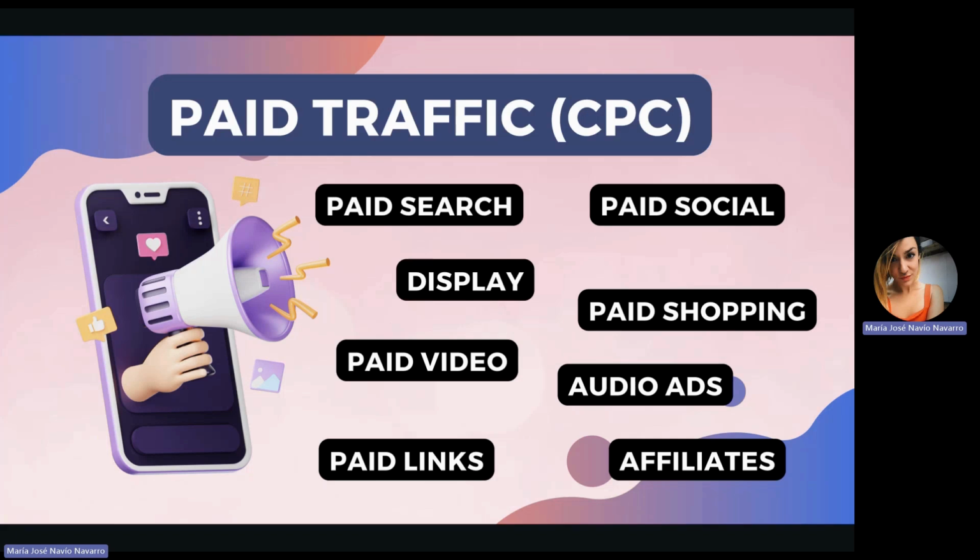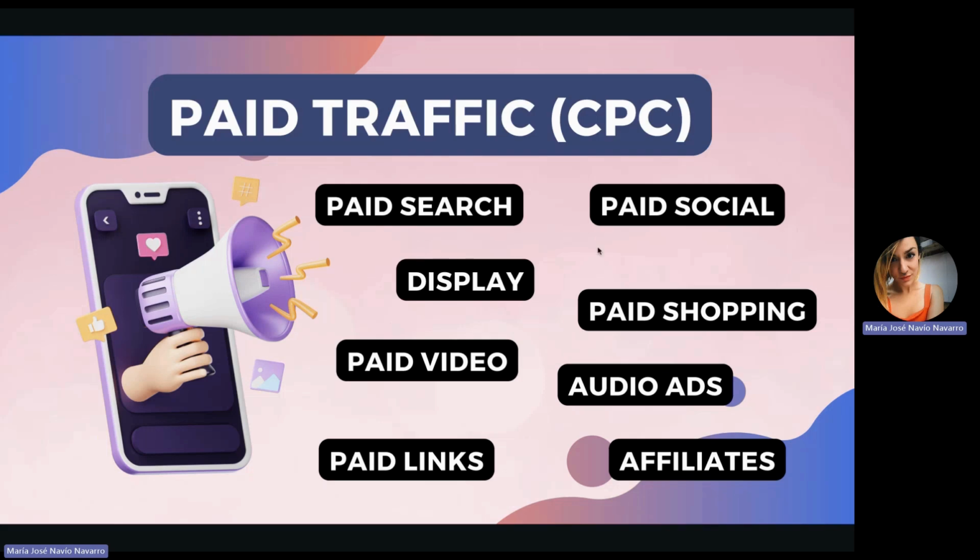The paid traffic, the CPC traffic, can be paid search, which is traffic coming from Google Ads normally, or Bing Ads, which is SEM, so search engine marketing, not search engine optimization. Sorry, again, paid search is traffic coming from Google Ads or Bing Ads or different kinds of ads that place a paid snippet on search engines, okay? Ads on search engines. So it is normally the discipline of SEM, search engine marketing.